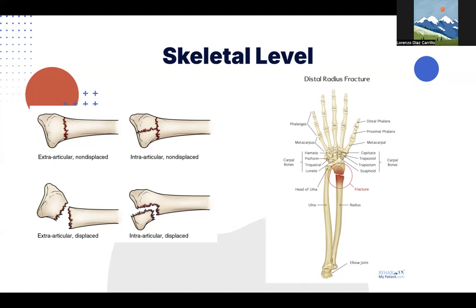So oftentimes when you injure one part of it, multiple things are being affected as well. On a skeletal level, muscle level, tendon level, they're all so close together that it's not going to be an isolated injury. You'll see multiple things occurring when your patient comes in to see you.